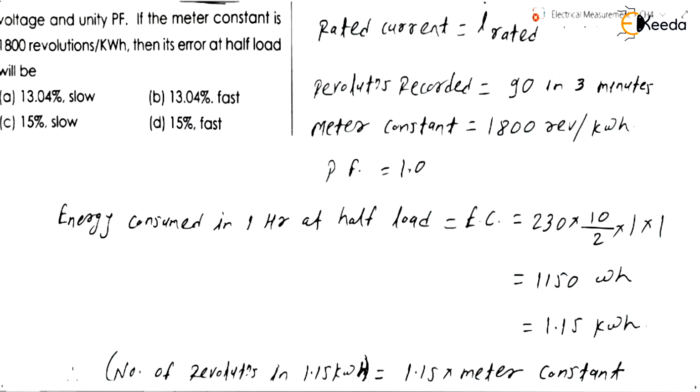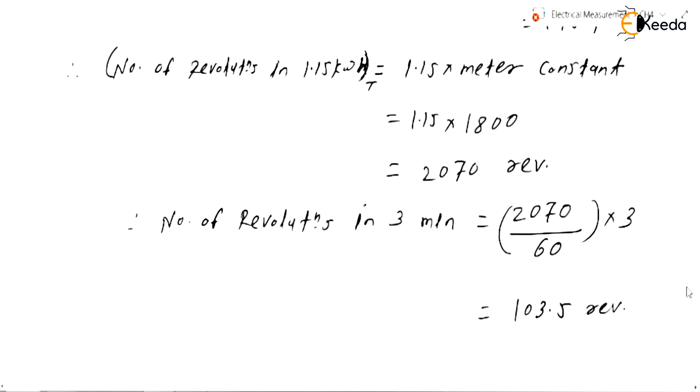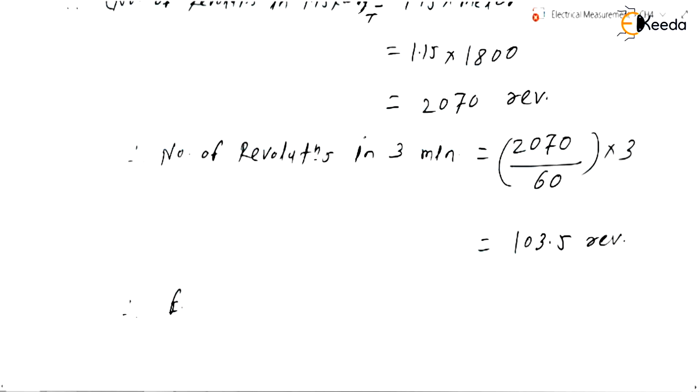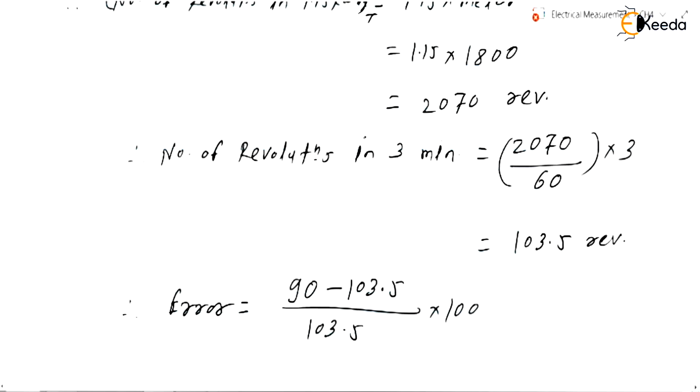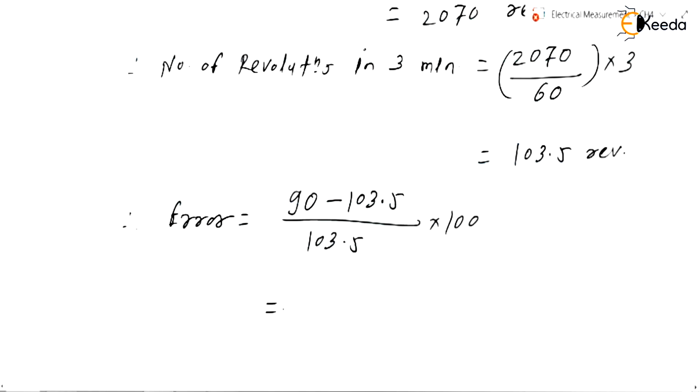And what is the measured value actually? It is 90. So can we find the error? Error is equal to measured value 90 minus true value 103.5, divided by true value 103.5, into 100, which is minus 13.04 percent.